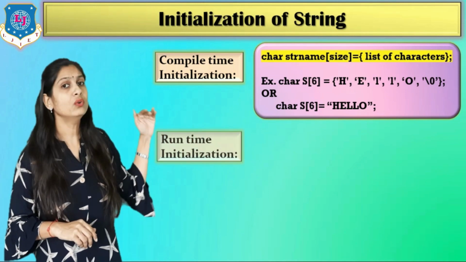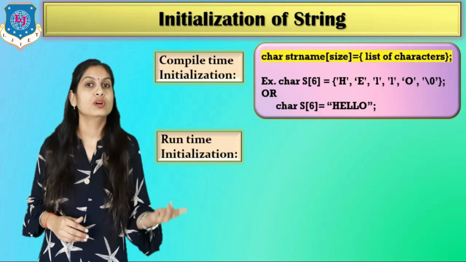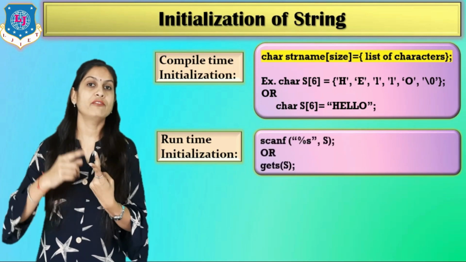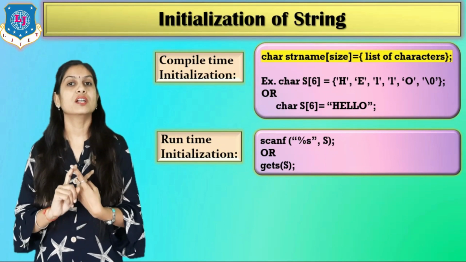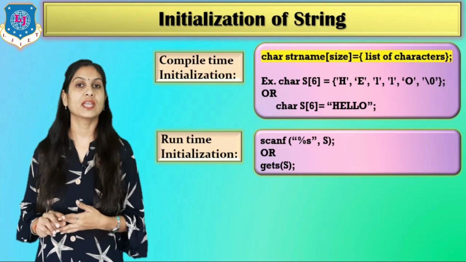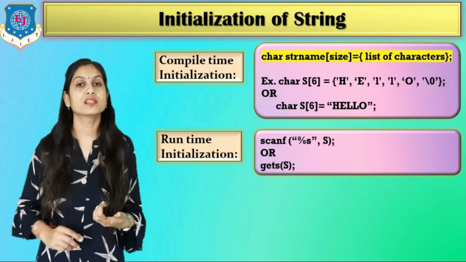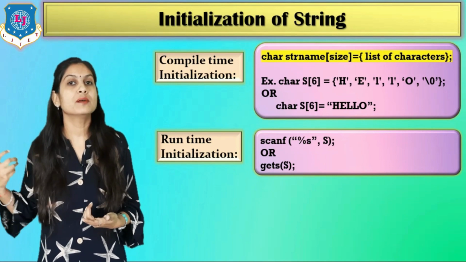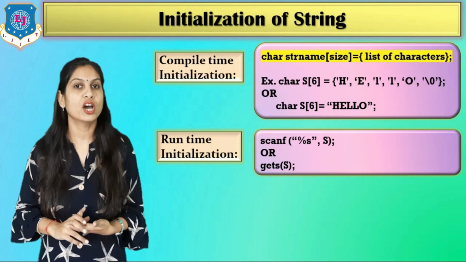Now the second one is runtime initialization, where we assign the value at runtime. For that you can use two functions: first scanf and second gets. When you use scanf, the control string is %s for a string, followed by the string name. But scanf has one drawback: if your string contains a space, then everything after the space is discarded and only the first part before the space is stored in your string.